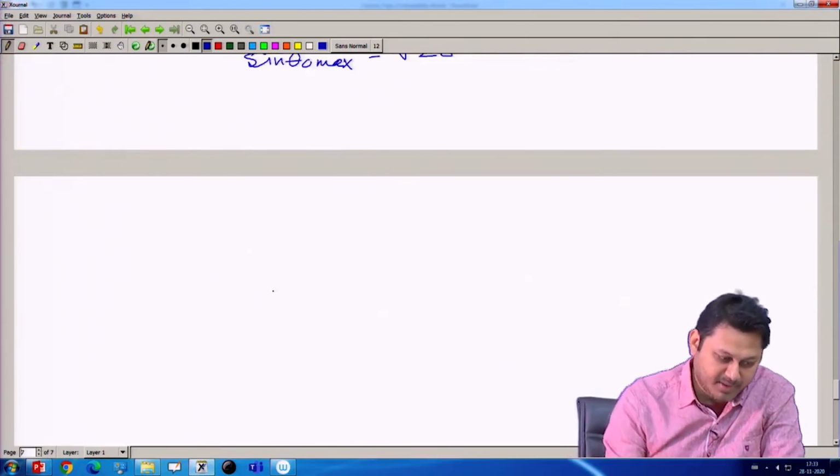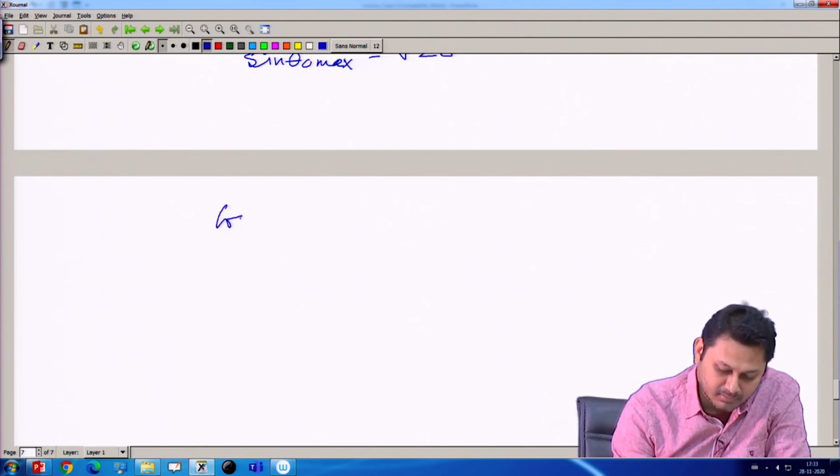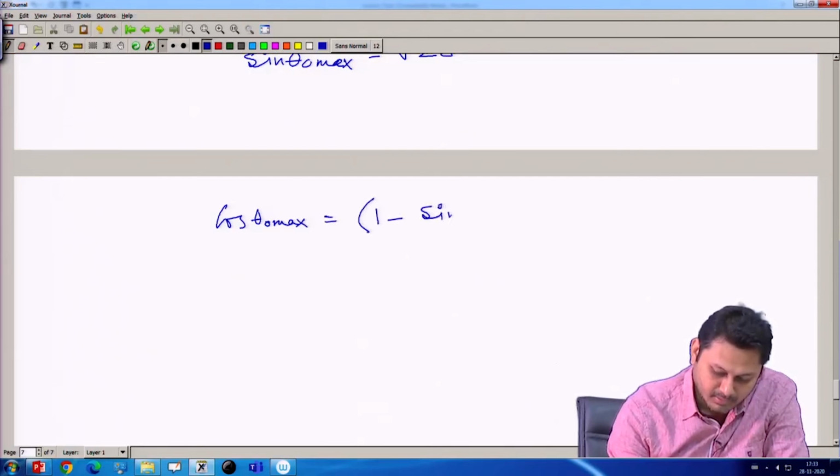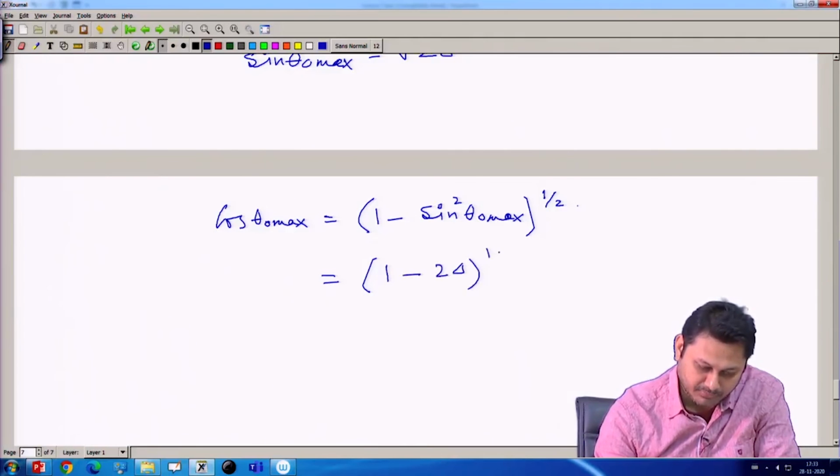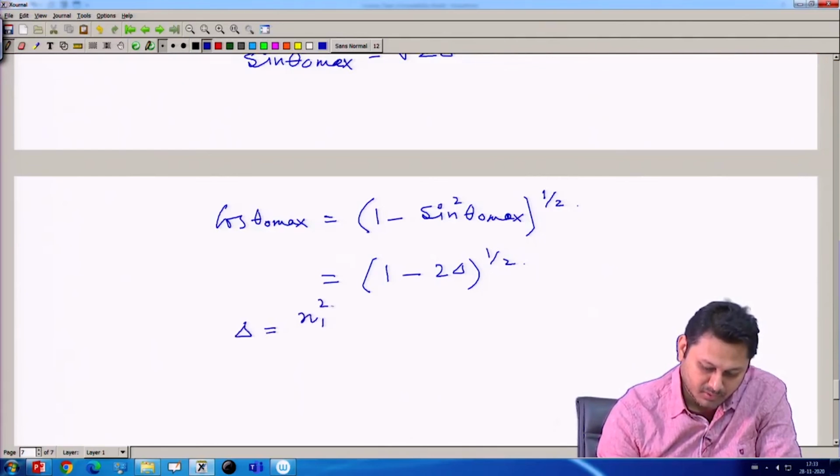Once we have sin theta 0 max, I can readily calculate cos theta 0 max, which is my goal here, which is 1 minus sin square theta 0 max whole to the power half, which is 1 minus 2 delta whole to the power half, and delta we know is n1 square minus n2 square divided by 2 n1 square.